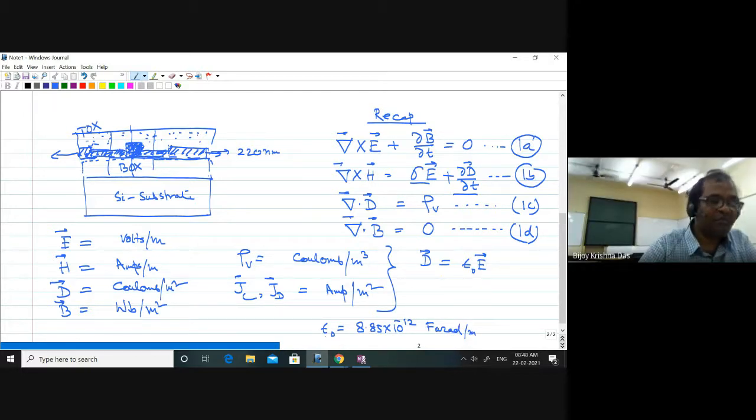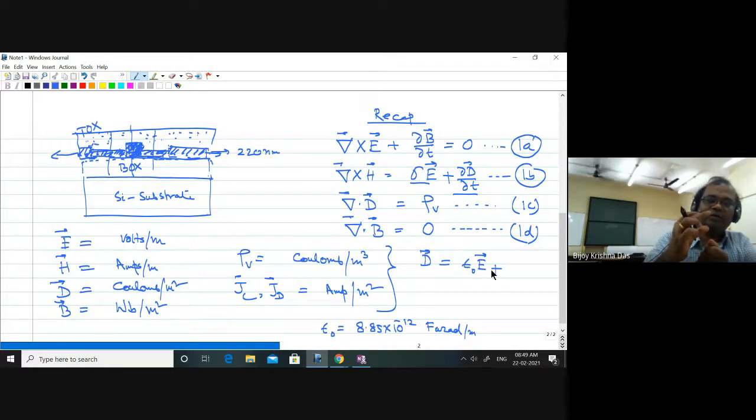Because this is a fundamental constant, in free space you normally don't need to introduce an additional D. It's just a scaling of the electric field. But if it is a material medium and there is an electric field, that electric field in the material medium can create some kind of dipoles. Dipole moments will be created, because the electric field can apply force on the charges, the electrons in the material.